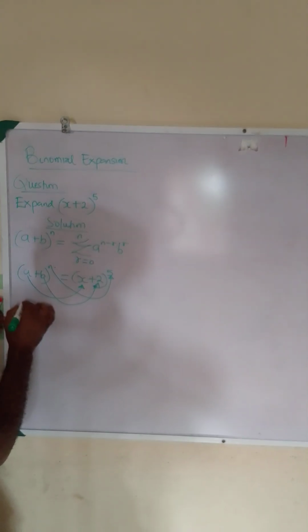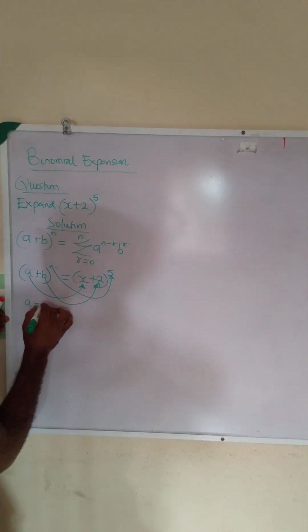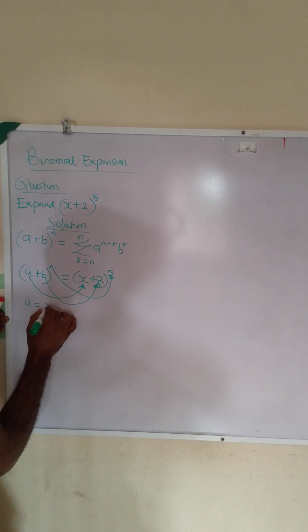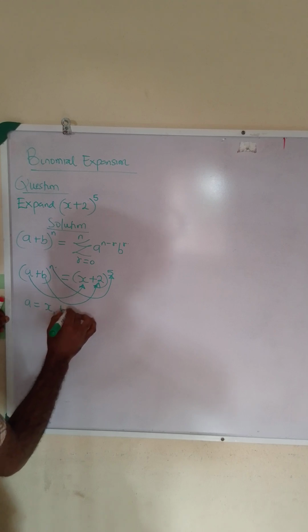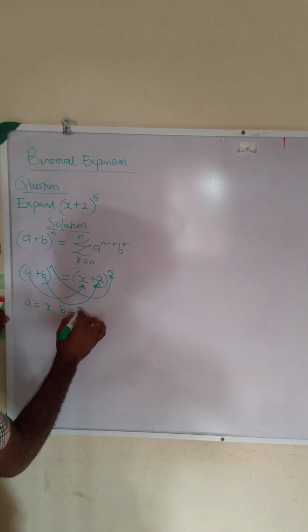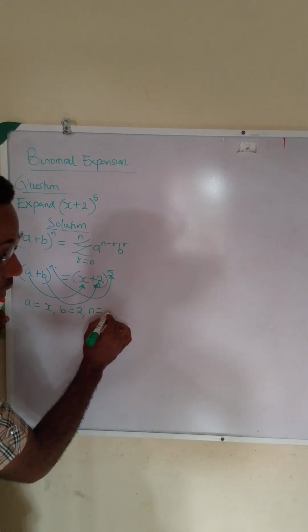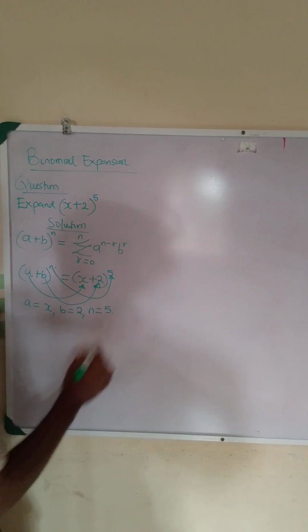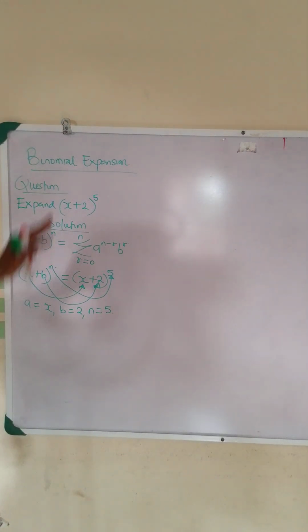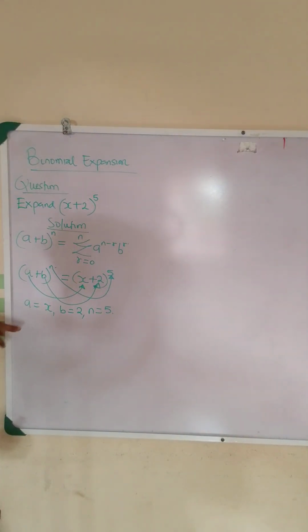So we can now say that a equals x, b equals 2, and n equals 5. So we are going to be using this expansion to solve this.